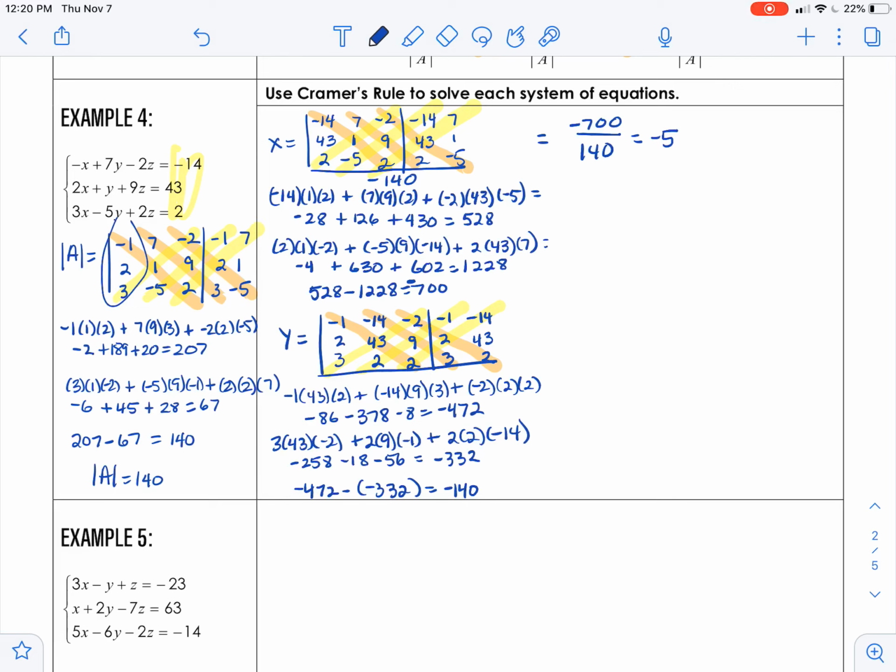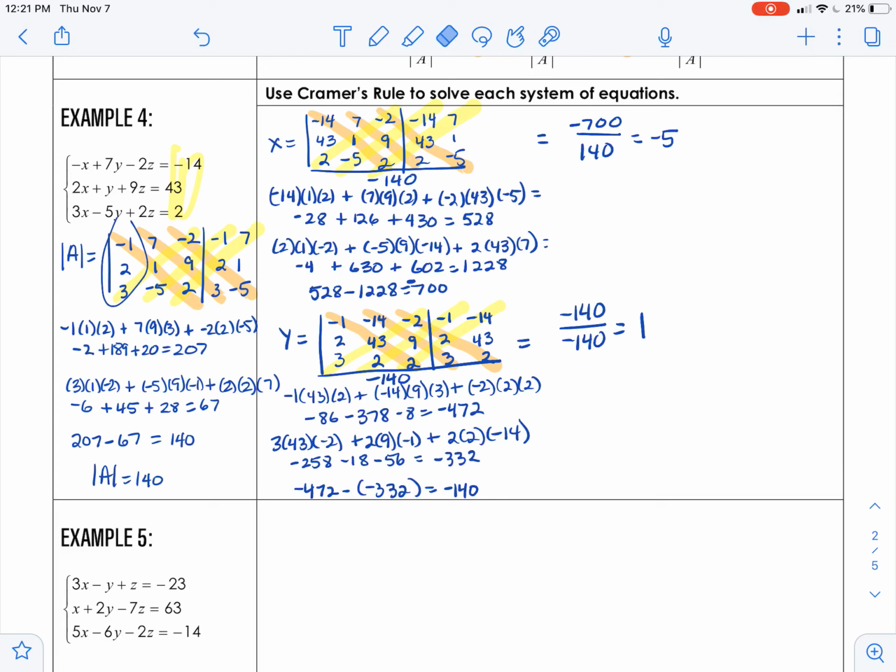And so again, I forgot again to put that negative 140 here. So again, it is my determinant of my y, which was the negative 140, over the determinant of a, and I get 1.